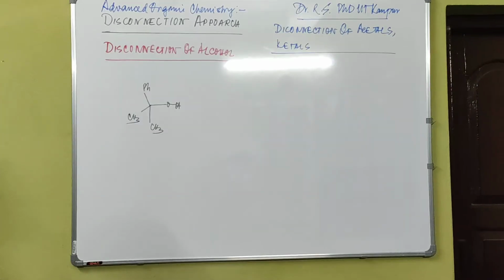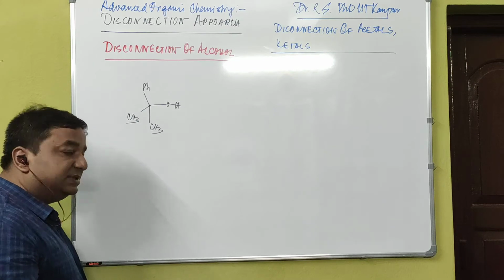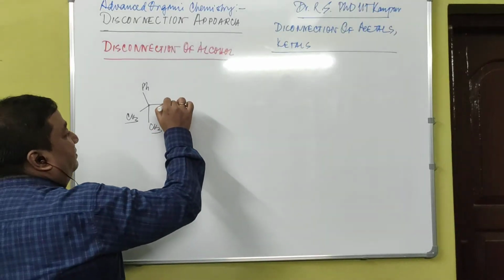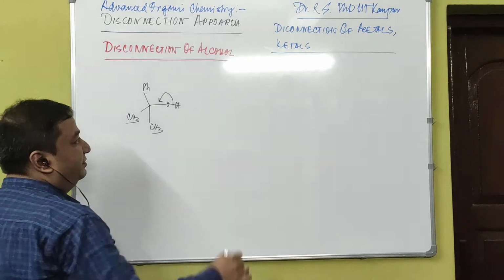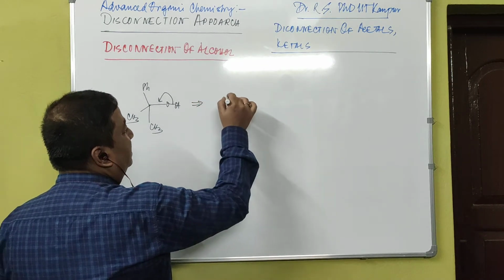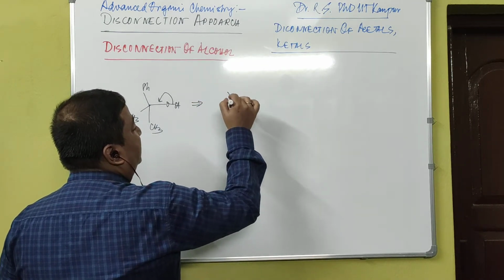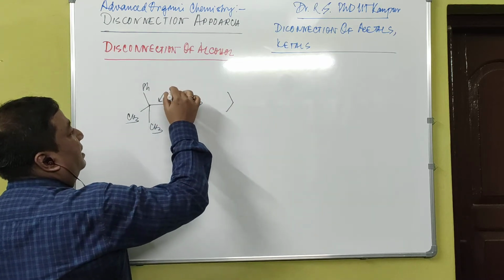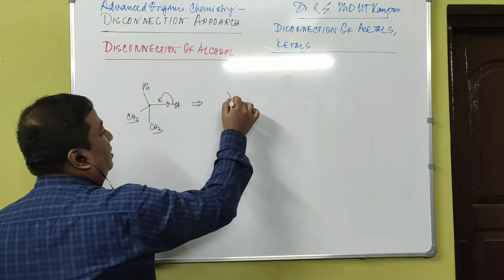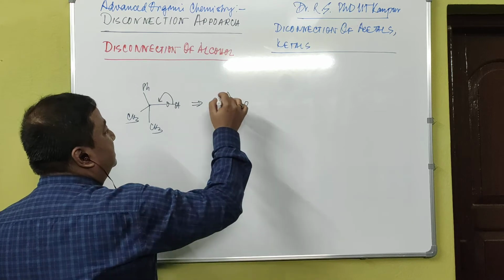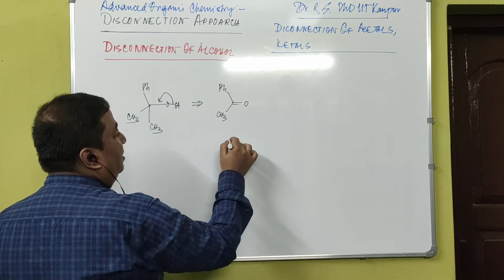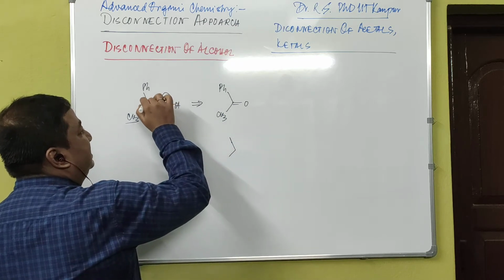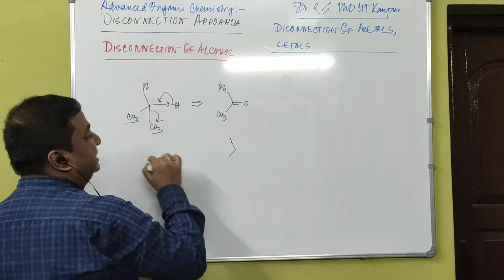Okay, and I say, which is the best method to do it? Let's see. If you take away the hydrogen, you will be generating obviously a double bond, C double bond O. Now the point is, should I keep a phenyl and a methyl, or so that means I will be taking away one CH3.